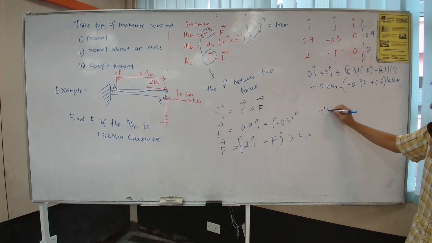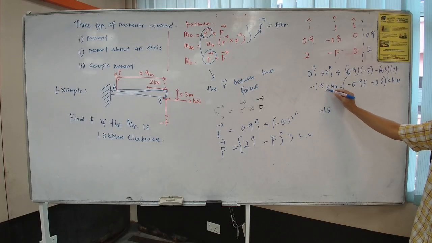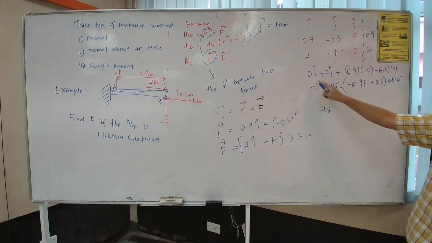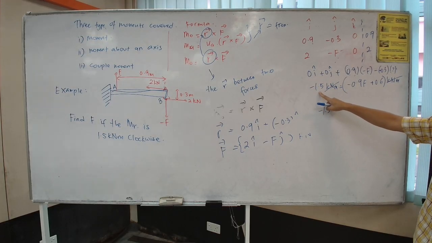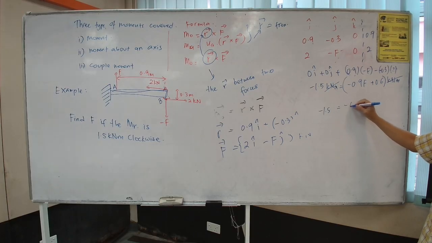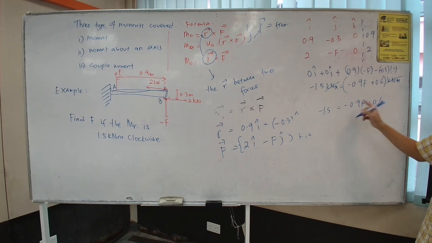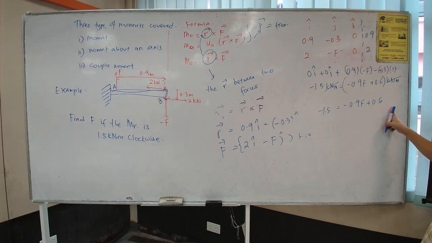So negative 1.5, we just remove the kilonewton meter and take the value only. Negative 1.5 equals negative 0.9F plus 0.6, and then we solve. What is the final value?